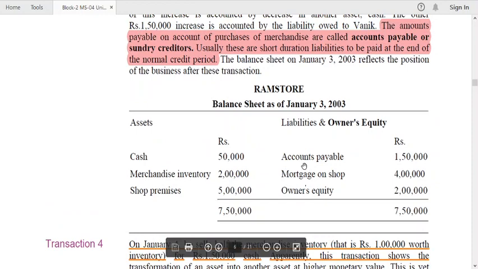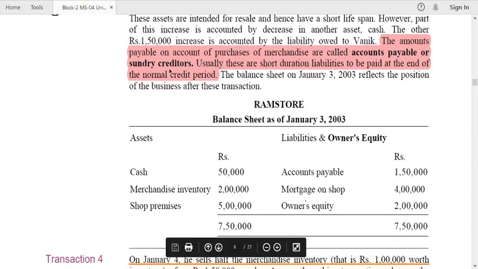Now accounts payable. These are the goods which were bought on credit. He will have to pay 1,50,000 at a later point of time. Mortgage on shop, which is the loan on the shop, is 4 lakh rupees, and the owner's equity is still the same, 2 lakh rupees. Here assets are increasing, liabilities are also increasing, therefore the owner's equity is not changing. 7,50,000 rupees assets, 7,50,000 rupees liabilities and equity.